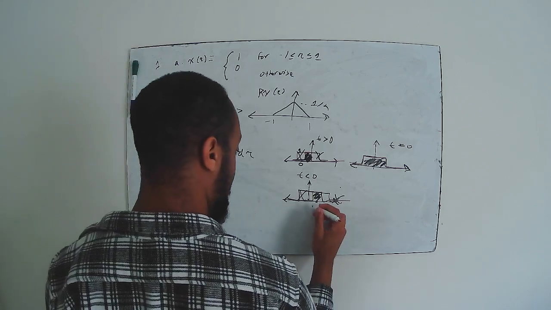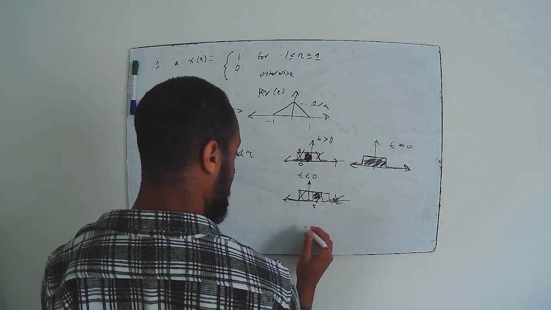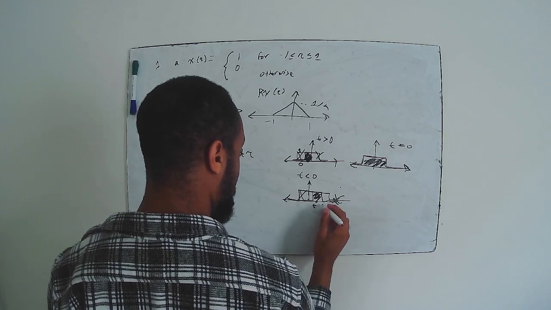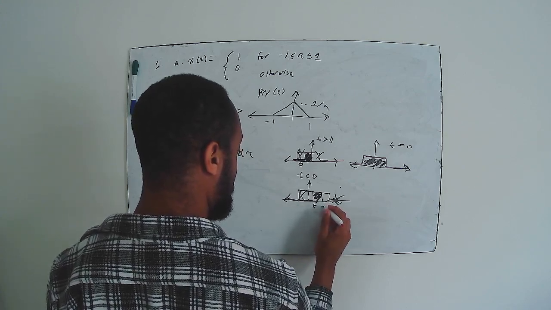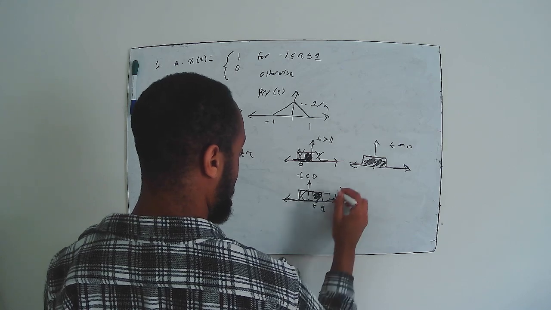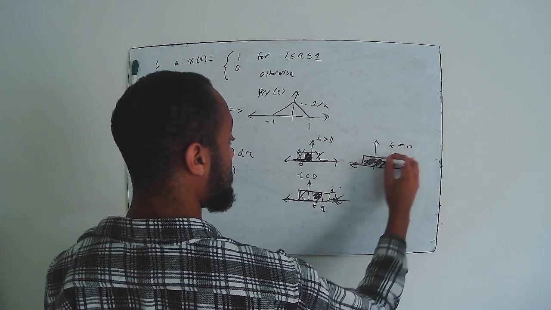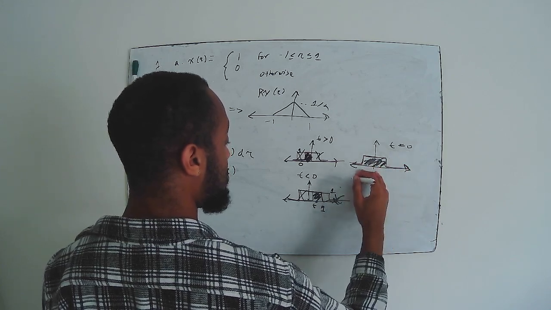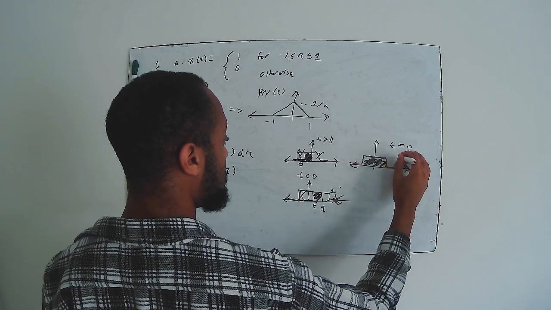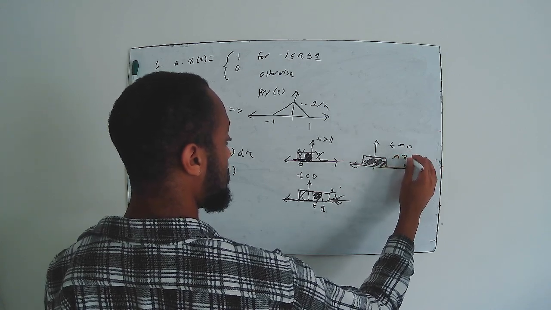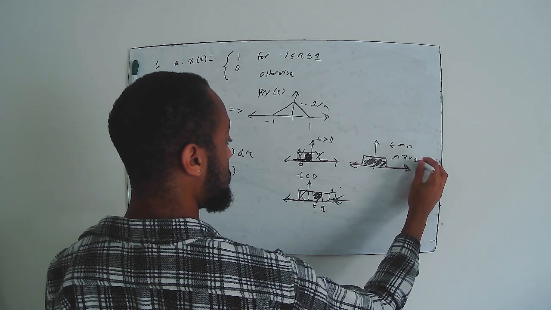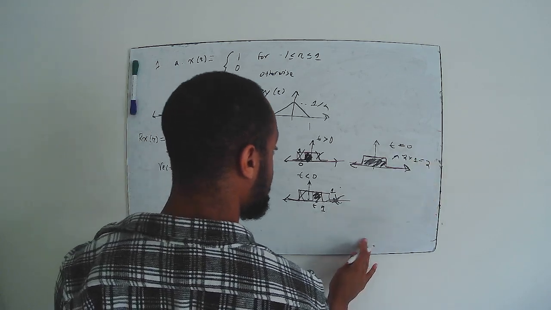And so here you have some t shift, and then you have a tau, or you have 1 here rather, and then you have a height of 1, and over here you have 1 times 2, so that should be 2.